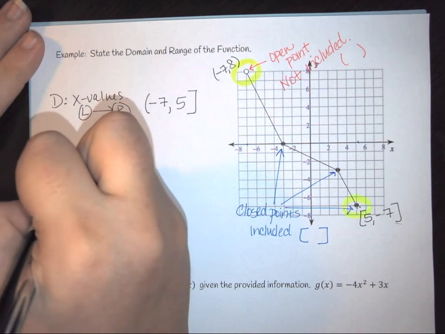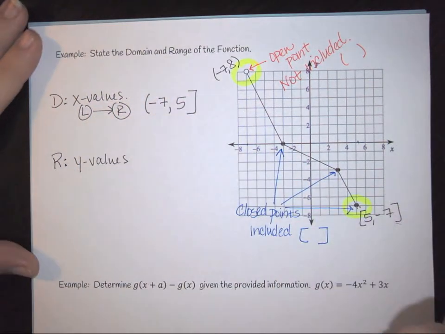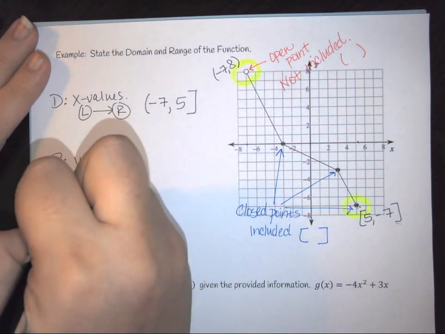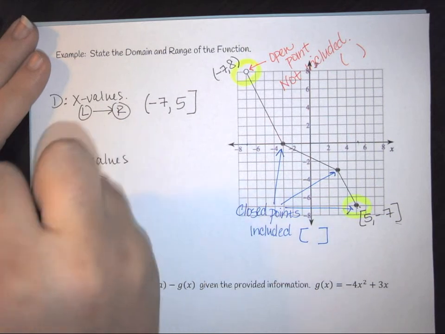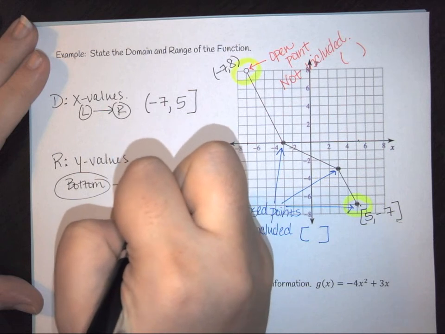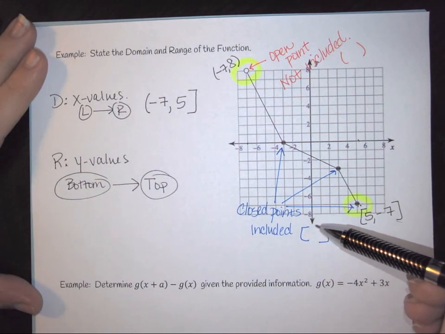Now, my range are the y values. And when we're talking about y values, we are always going to go from the bottom to the top. So from the bottom, we're talking about this most negative side.